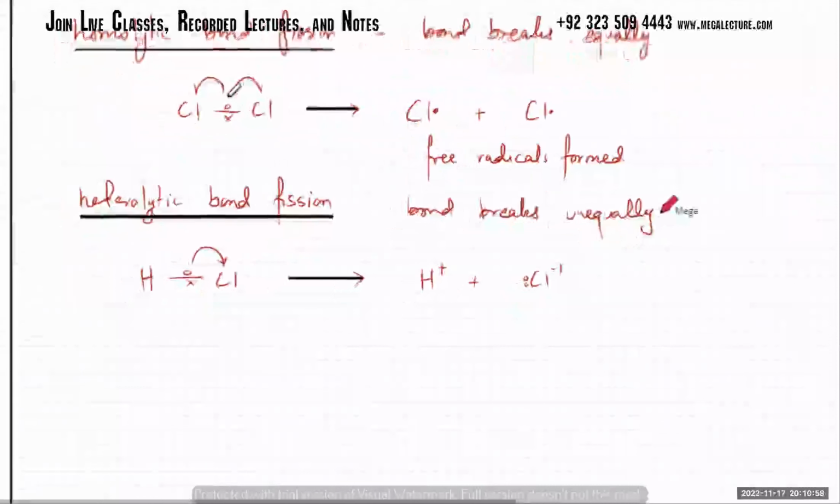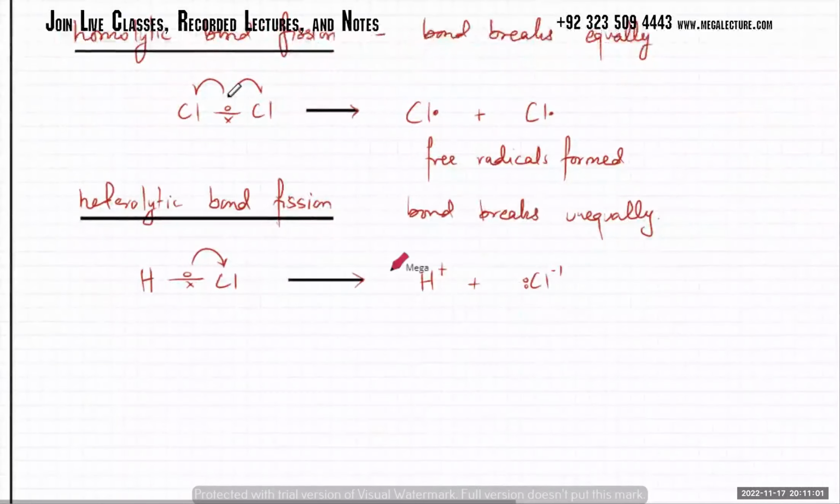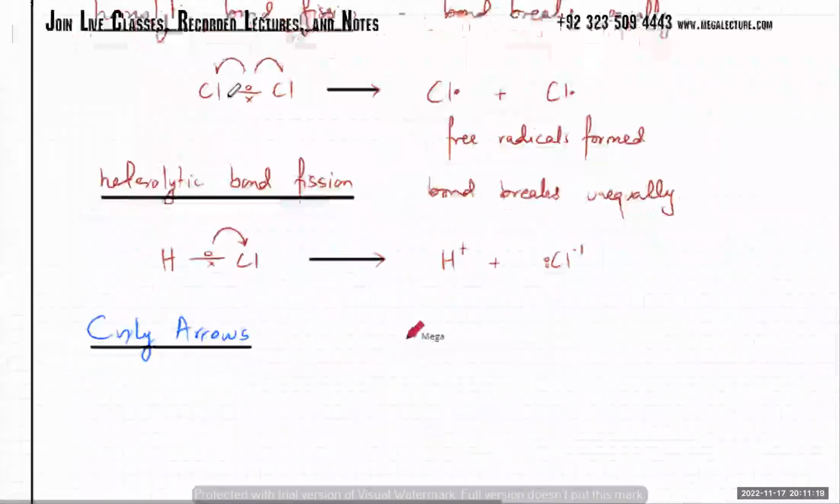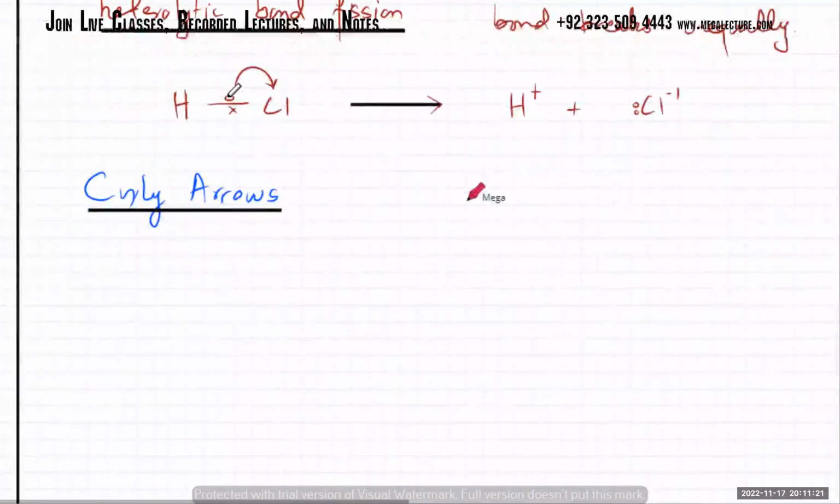And then there's a thing called curly arrows, which you can see over here. So what are curly arrows? They represent the movement of electrons, how the electrons are moving.